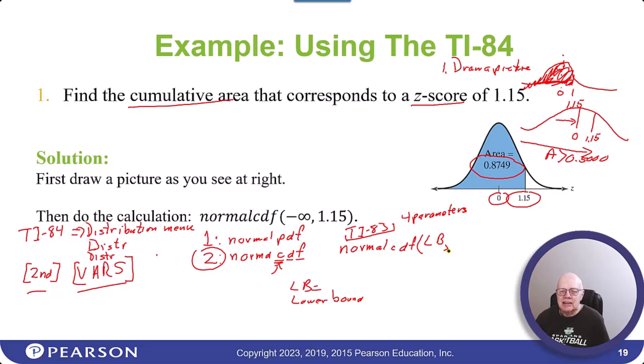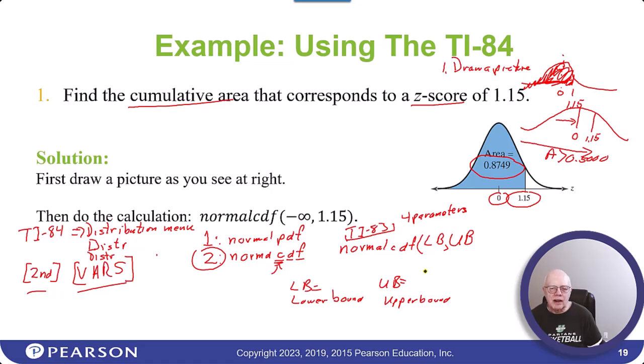The second parameter or option is called UB, or the upper bound. That is where you want the calculator to stop and add up everything that it's accumulated up to that point.